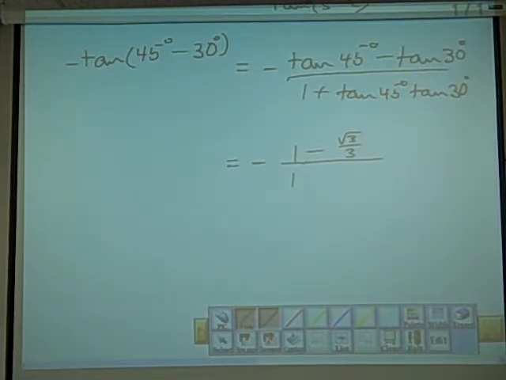And then this will be 1 plus, and then again tangent 45, right here, that'll be 1 times tangent 30, which again is going to be square root 3 over 3. Okay, so now we need to get a common denominator, right? So we need to multiply 3 over 3 for this one and 3 over 3 for this other one here.